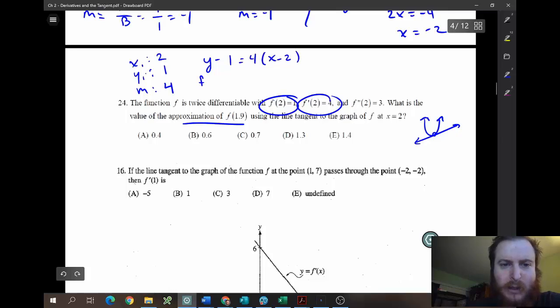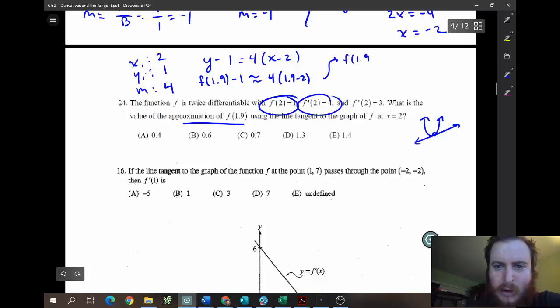And then we can replace the y with f of 1.9, which is approximately 4 times 1.9 minus 2. That's going to give f of 1.9 minus 1 is approximately negative 0.1 times 4, which is negative 0.4. And when we add 1, you can do it backwards, 1 minus 0.4 is 0.6.